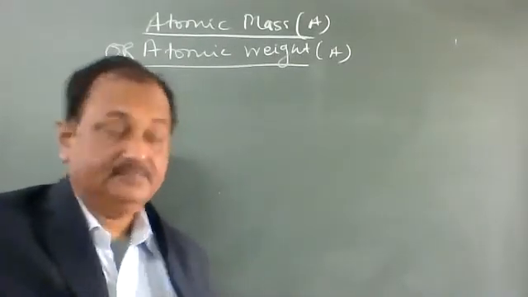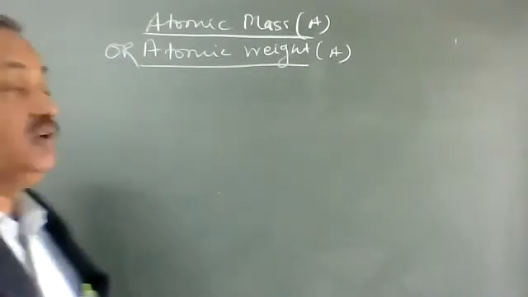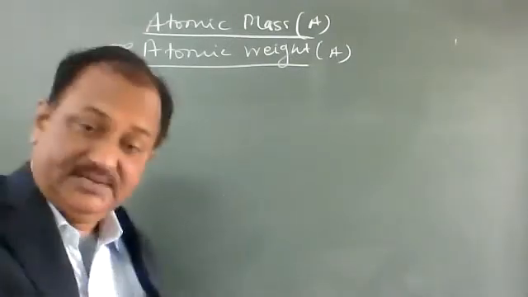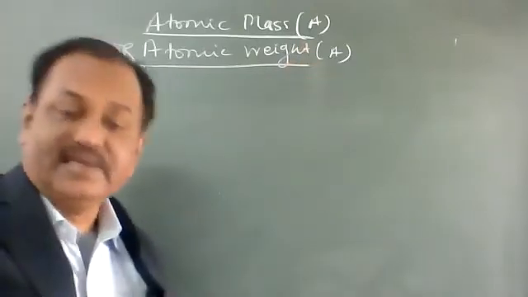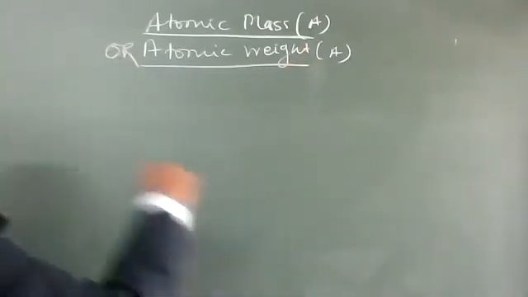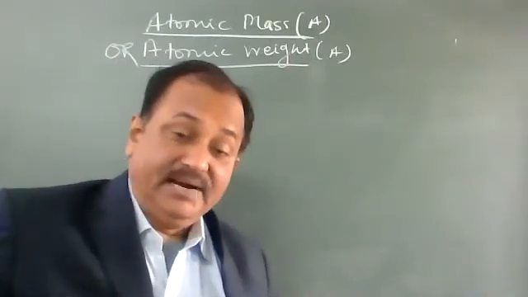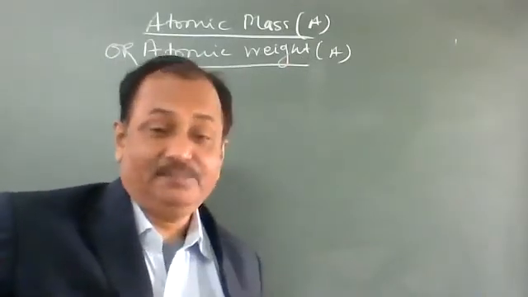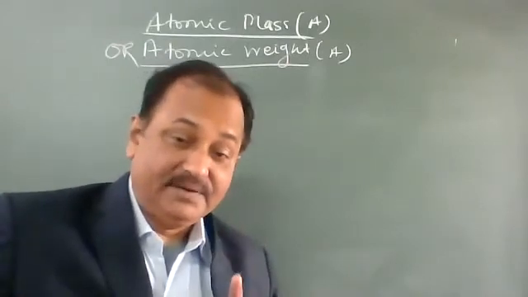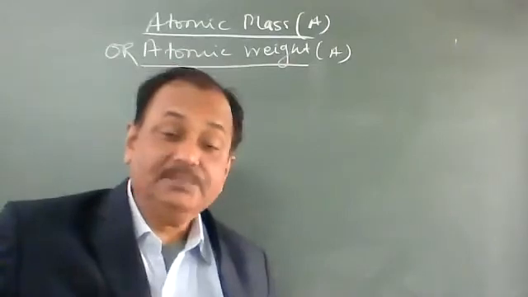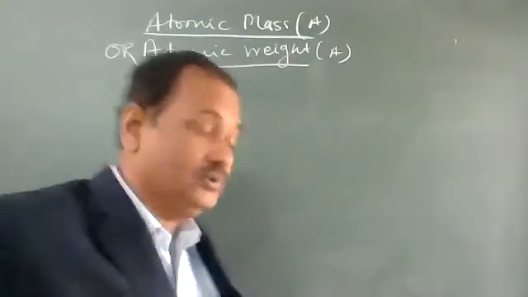This is the second part. It is atomic mass, or simply we call it atomic weight. Its symbol is capital A. It is also a very important part, but it is not a fundamental property like the atomic number, because two different elements can have the same atomic weight.